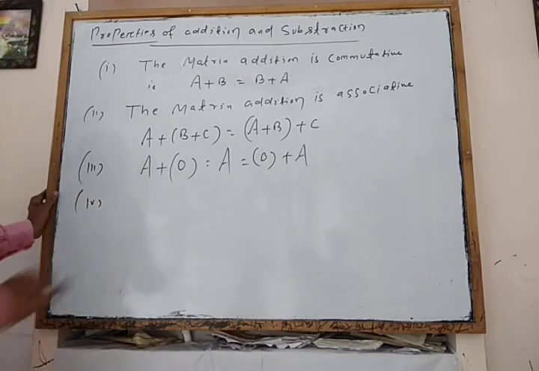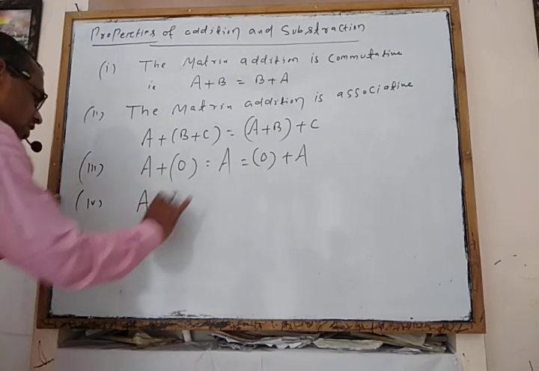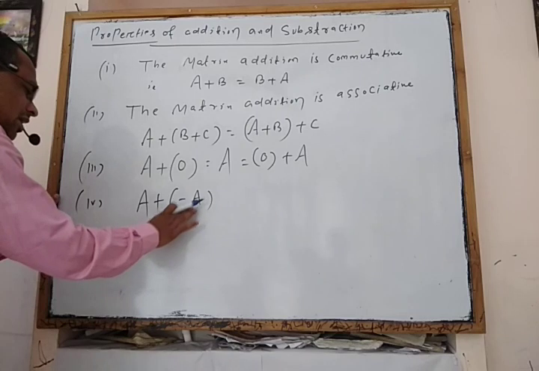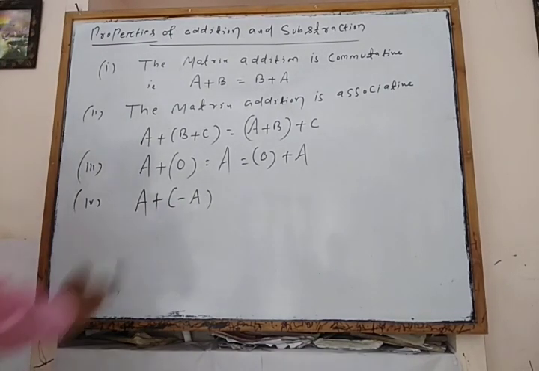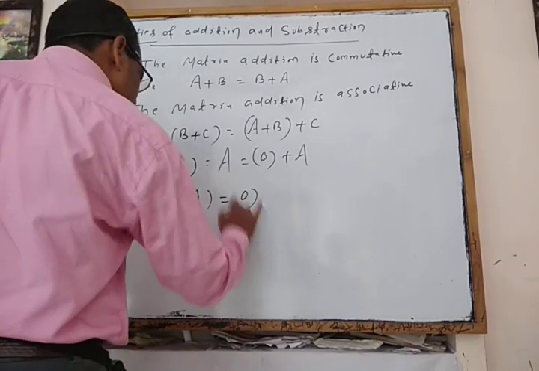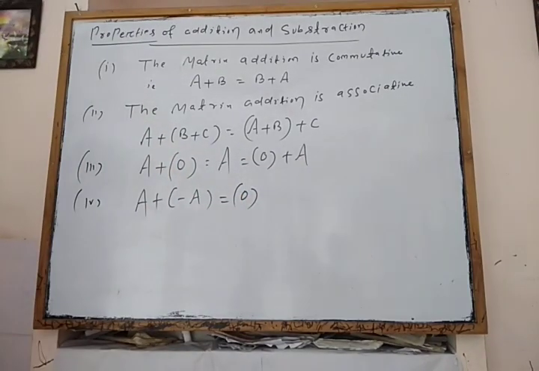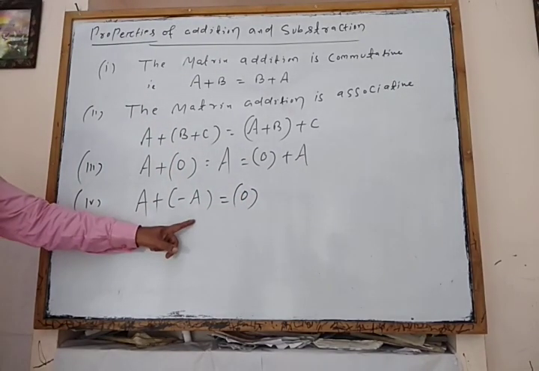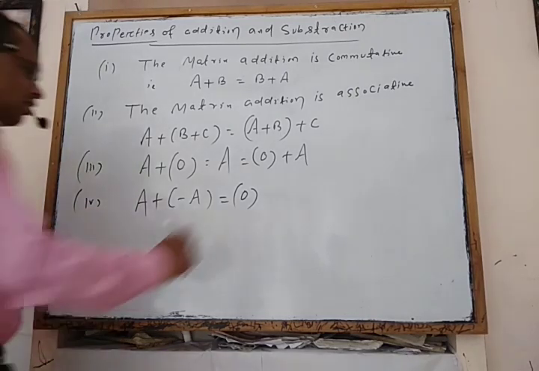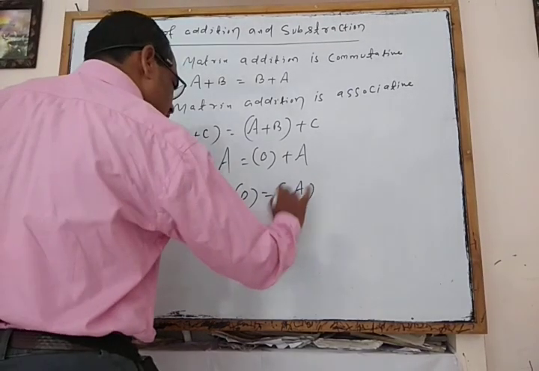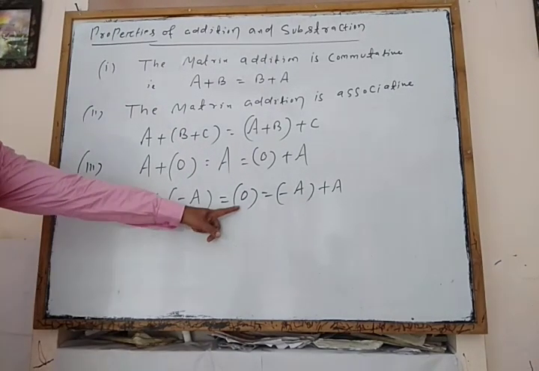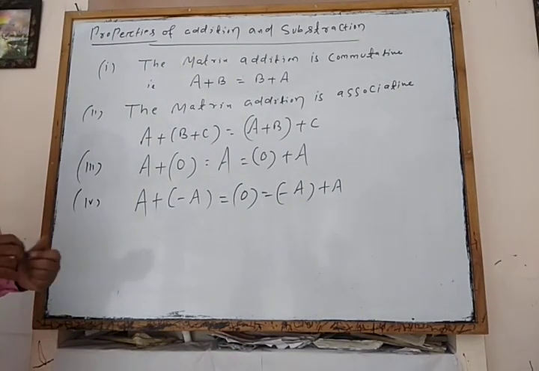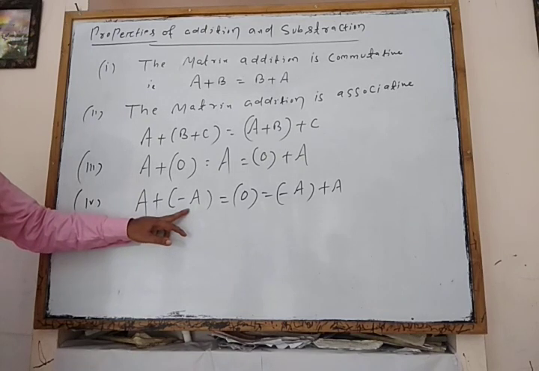Number 4, A plus minus A. So minus A is called the negative matrix of A. A minus A is equal to the null matrix. If we add the matrix minus A to A, we get the null matrix. So this will also be minus A plus A, equal to the zero matrix. Minus A is called the additive inverse.